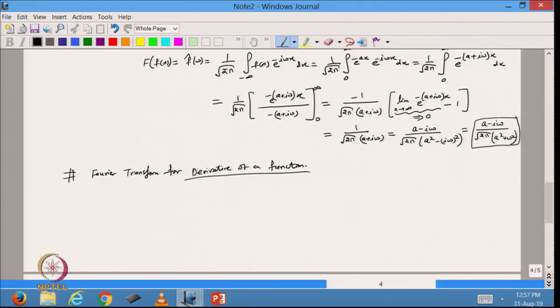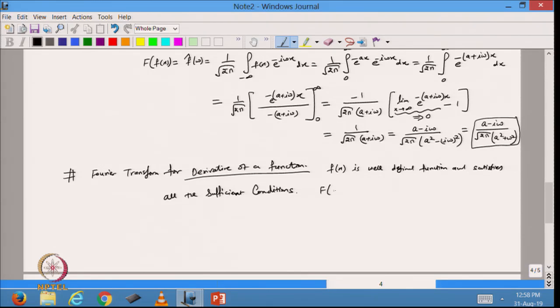As we have defined for the Laplace, the same thing we are going to do for the Fourier transform. So, let f(t) or f(x) be a well-defined function, well defined meaning it satisfies all the sufficient conditions.